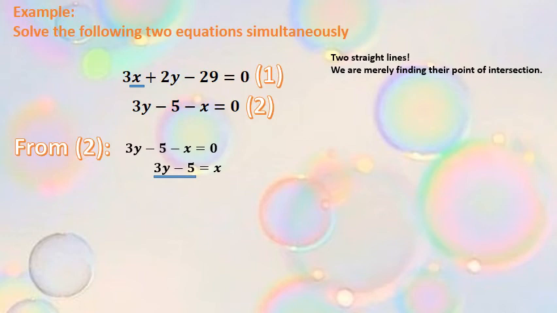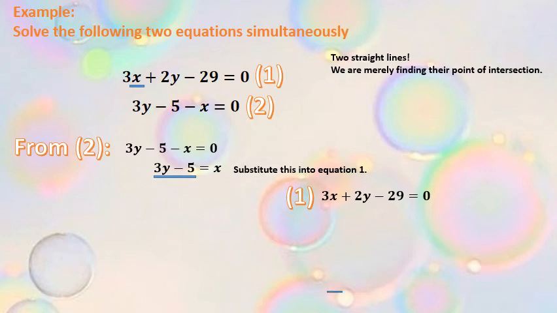And so in equation 1, we see that we have 3x plus 2y minus 29 equals 0. So why don't we work with equation 1 and take x's disguise, x's new outfit, 3y minus 5, and substitute it into equation 1. So wherever I see an x, I can now replace it with 3y minus 5.